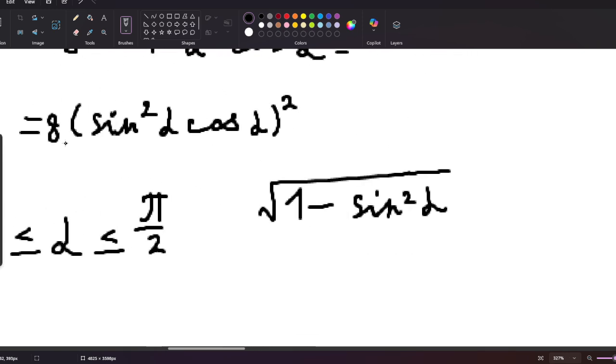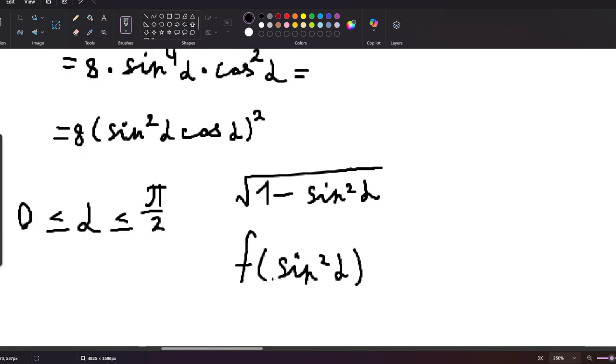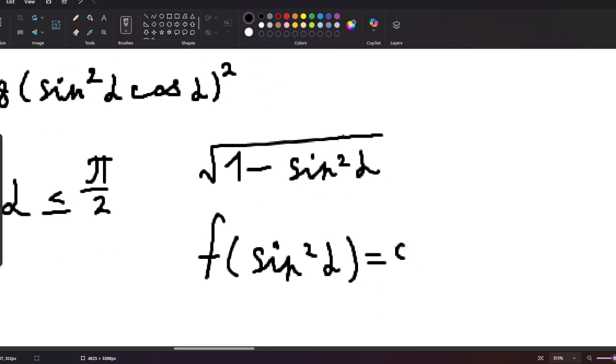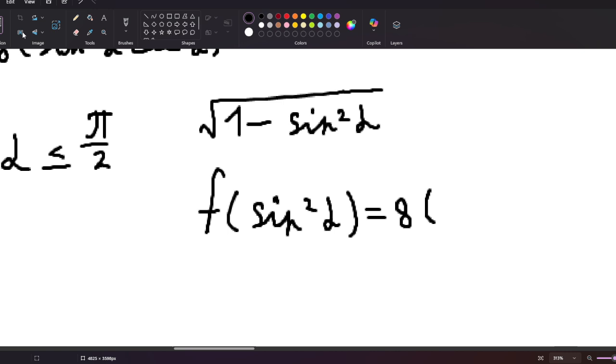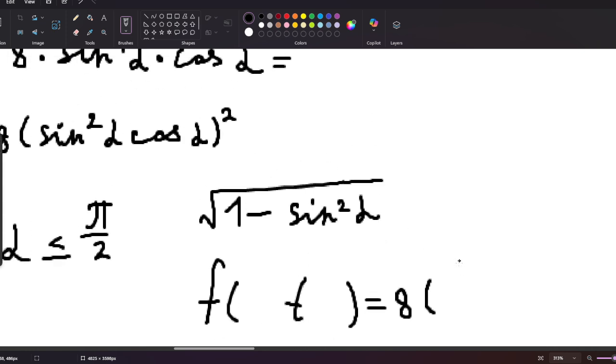And now would you look at that, in the expression, now we can just write it as f of sine squared of alpha equals 8 times, let's say t equals sine squared of alpha, t times square root of 1 minus t.